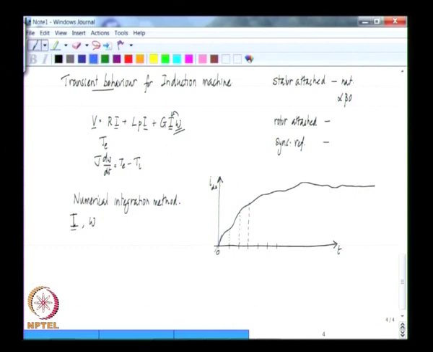This slope multiplied by the step length will give you the increment, so that when added to the initial condition at t equal to 0 will give us this value. So, we say that at the first step the value of IDS is here, but obviously that is not right, the actual value of IDS is lower down and what we are getting is somewhere higher up.